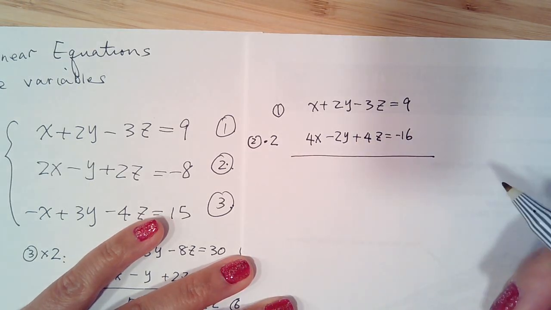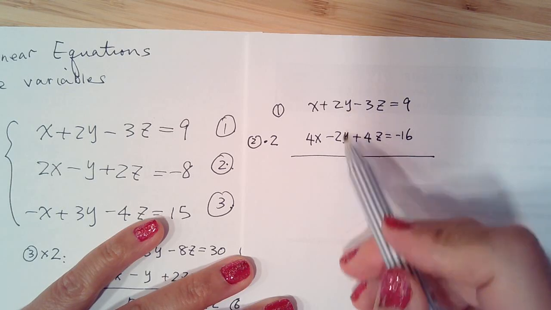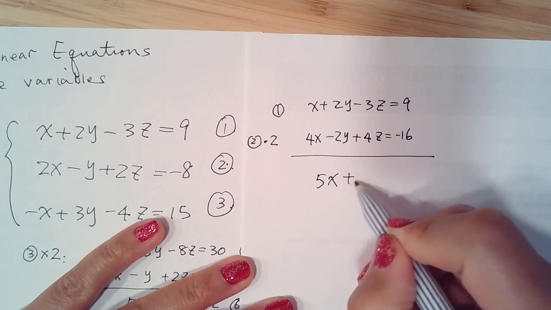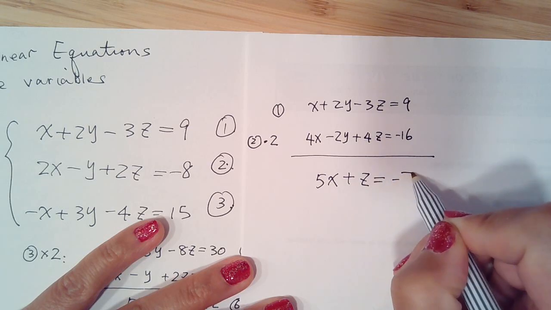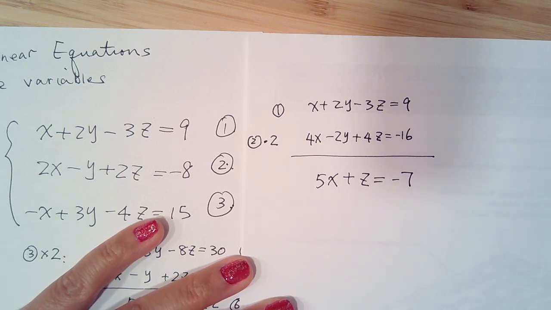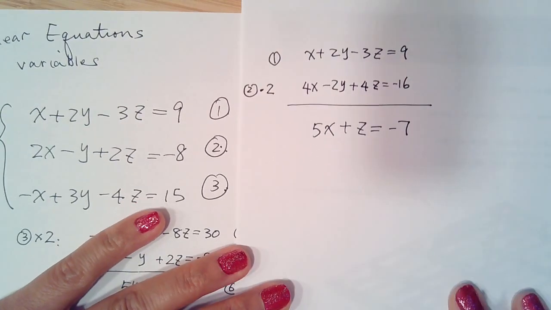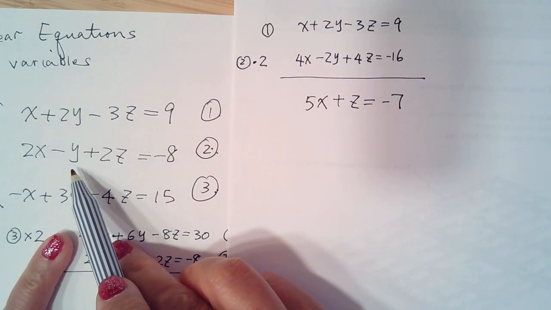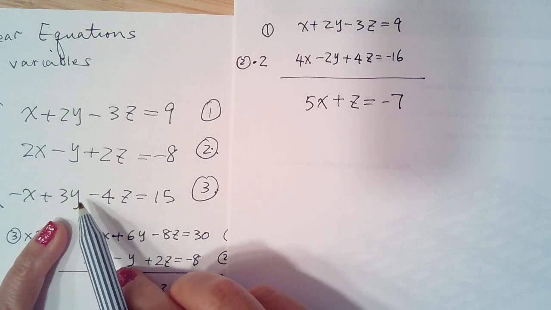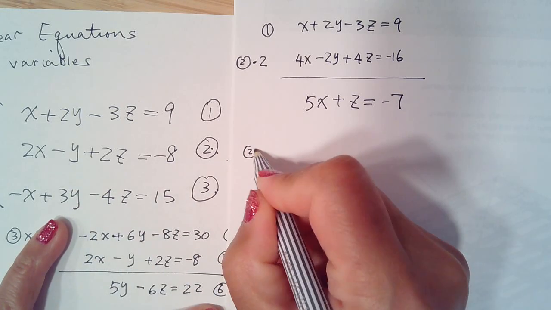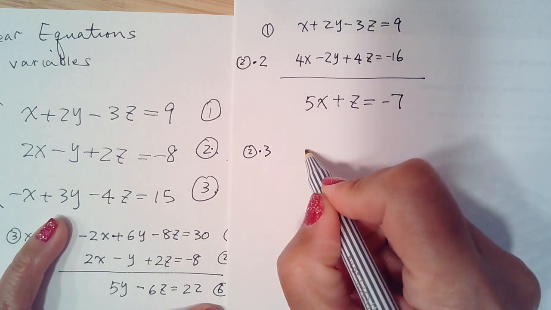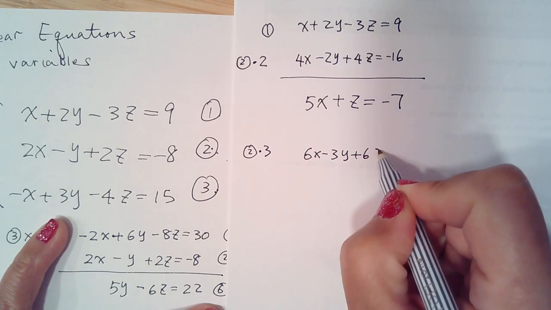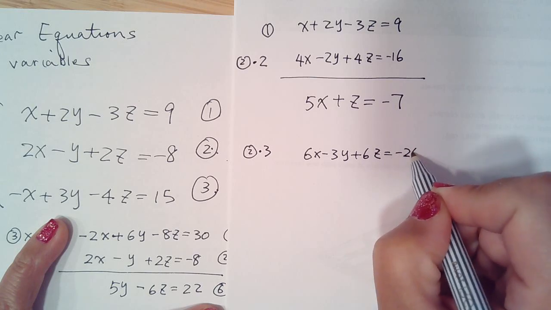And then I can add. That's the purpose, right? I multiply by 2. So I get 5x plus z equals negative 7. All right? And then I do the next. I go to this second equation, I multiply by 3, then I add to that. So the second equation multiplied by 3 will be 6x minus 3y plus 6z equals negative 24.